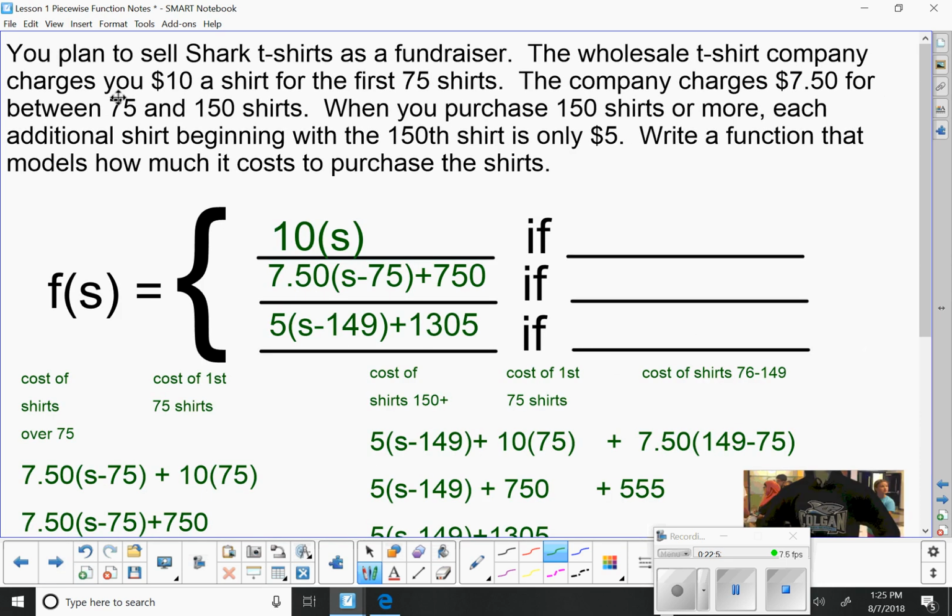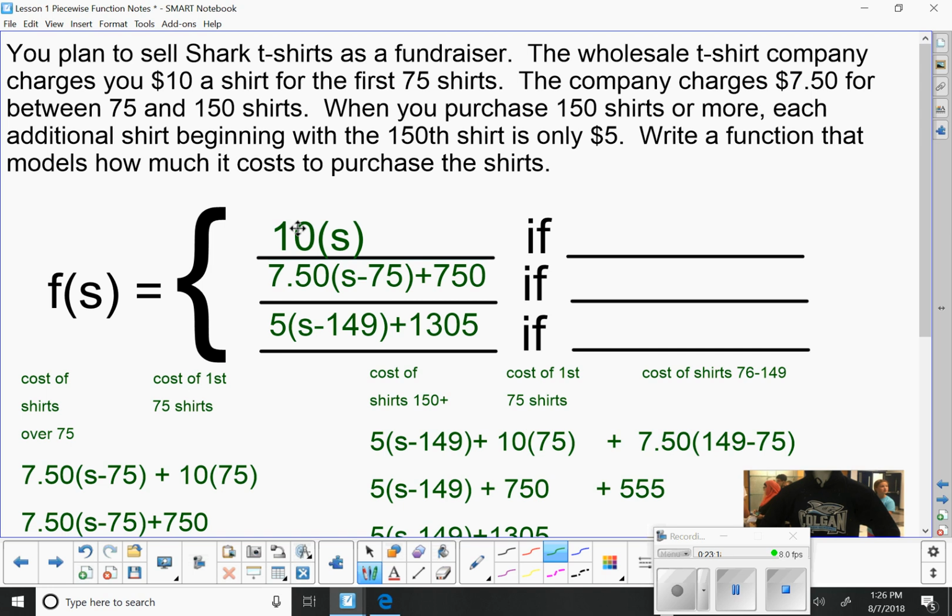Now, you plan to sell shark t-shirts as a fundraiser. The wholesale t-shirt company charges you $10 a shirt for the first 75 shirts. The company charges $7.50 for between 75 and 150 shirts. Then when you purchase 150 shirts or more, each additional shirt beginning with the 150th shirt is only $5. Write a function that models how much it costs to purchase the shirts.